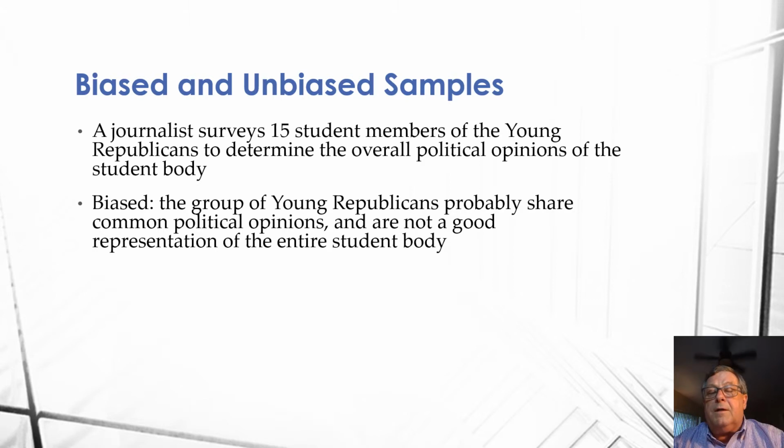Or if you just surveyed the young Democrats, you're going to get another biased sample, because they're going to have similar opinions that probably are not representative of the entire student body. So we would have to say that that would be a biased sample. And it's going to affect the outcome of either the survey or the study or some kind of experimental group that we might be considering.